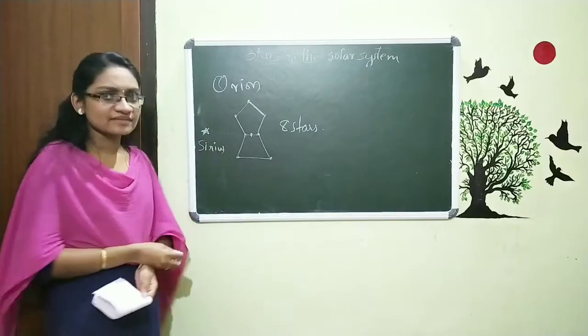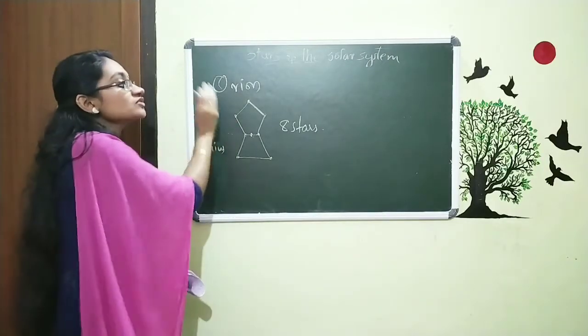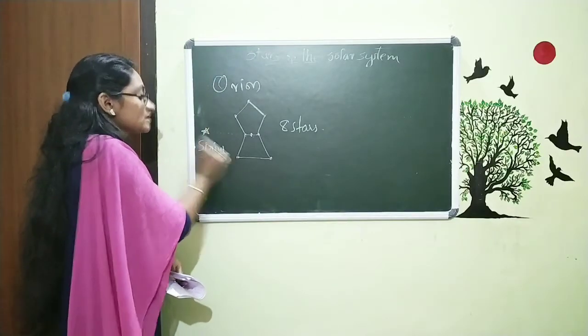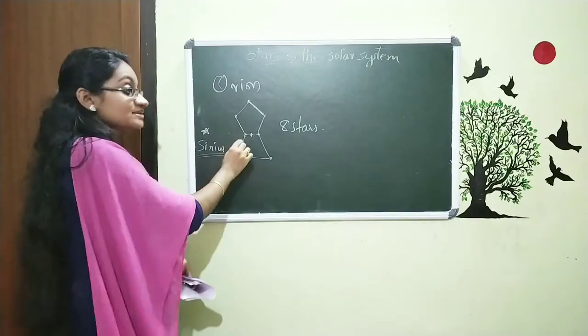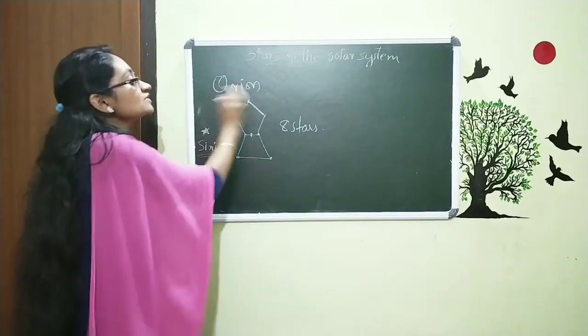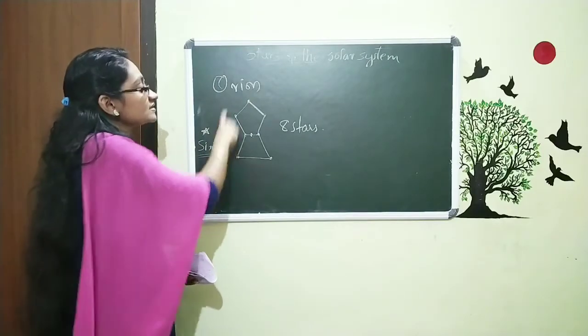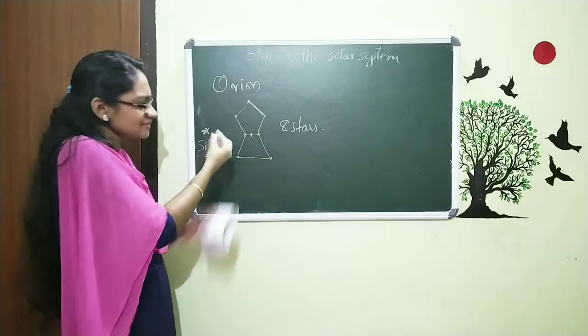This is another star near this Orion. That means a star present near the Orion is Sirius. Orion has 8 stars, and this is another star located near this constellation. Remember, this is not included in this constellation. This is a separate star.